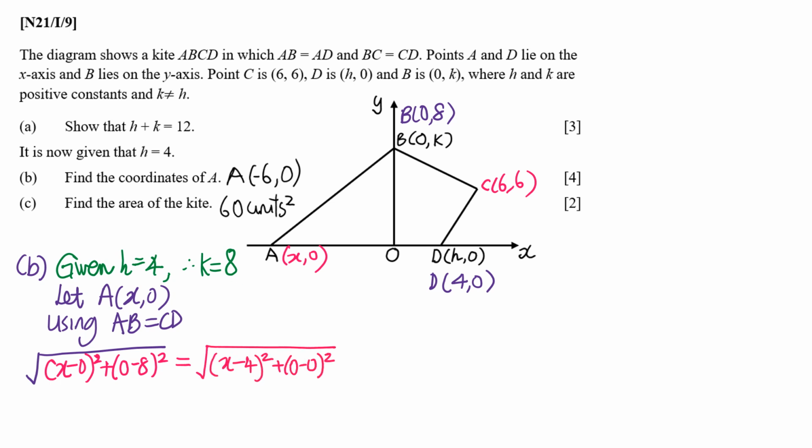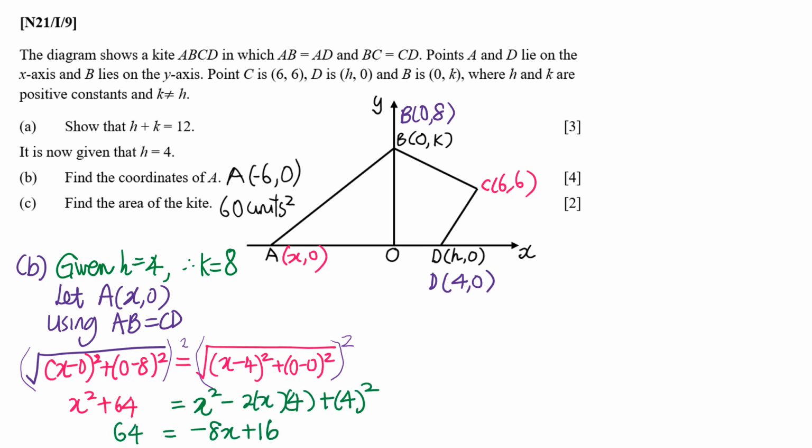Square both sides to remove the square root, and then simplify it. So you get x equals negative 6.